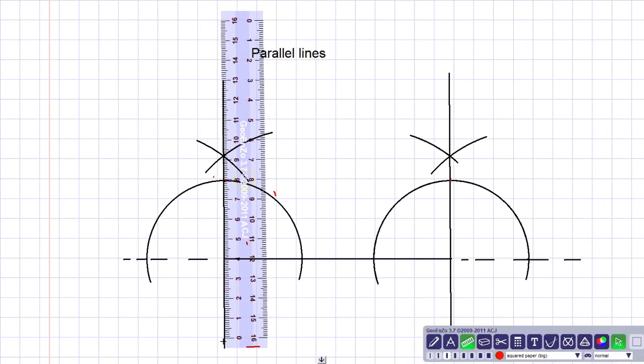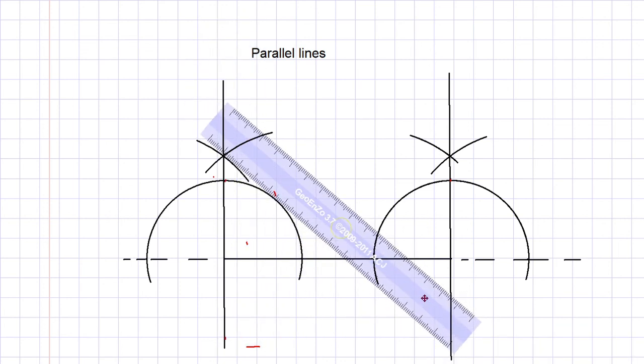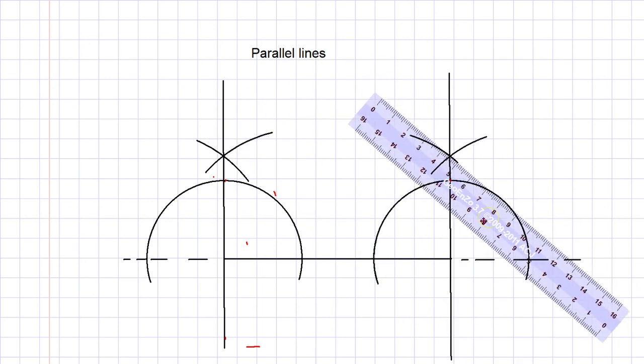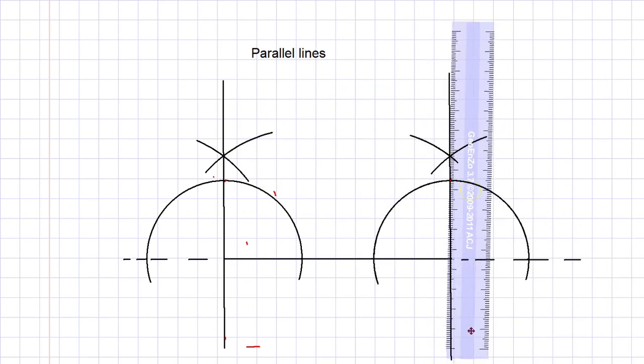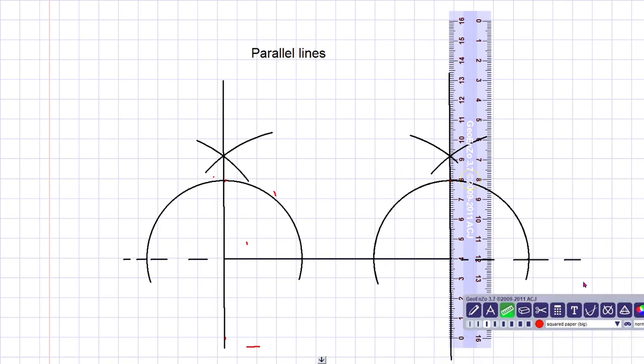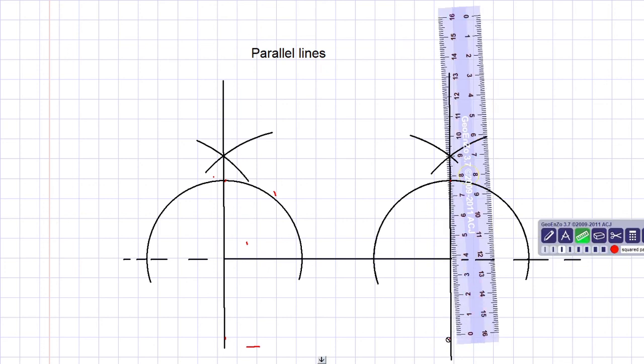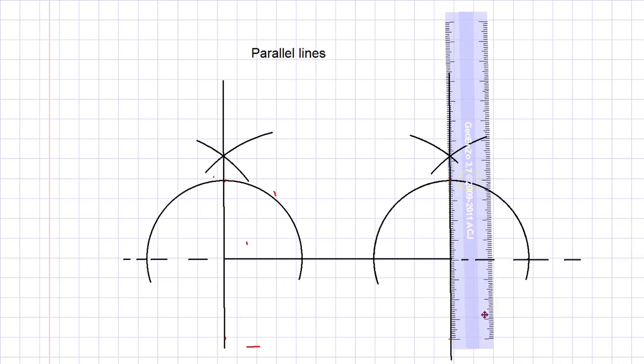Here to here 4 centimeters. So I will mark here. Get 4 centimeters from here. This place 4 centimeters. Here 4 centimeters.